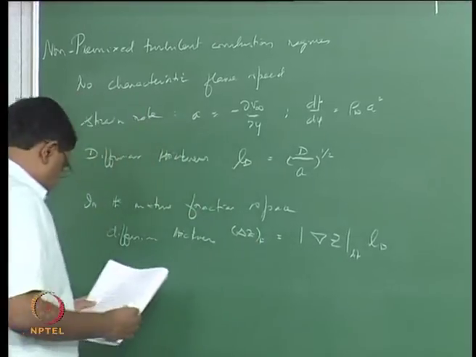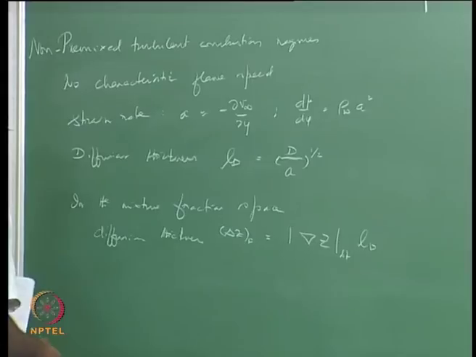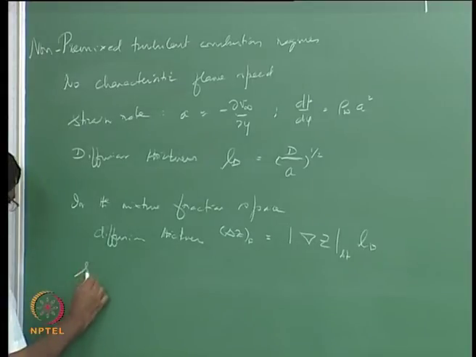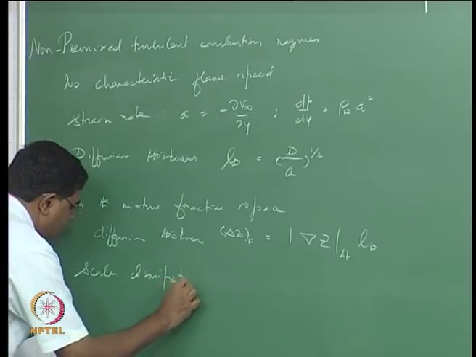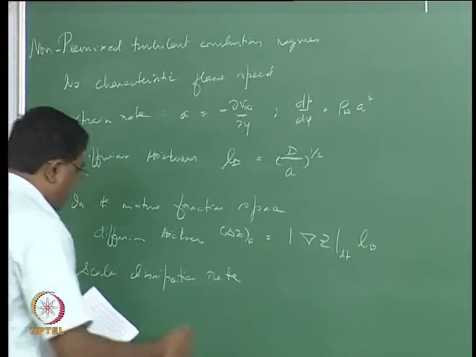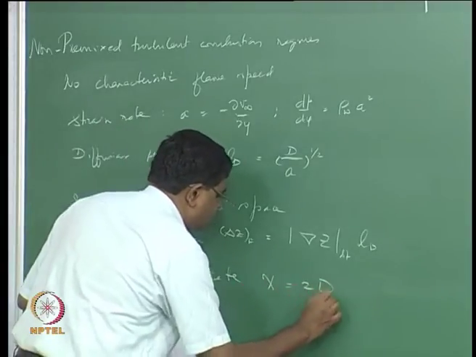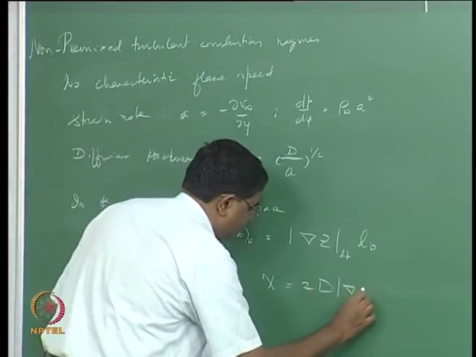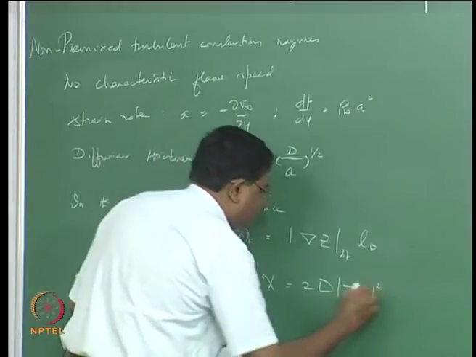times L_D. And we also had the scalar dissipation rate. So scalar dissipation rate χ, we did define this, and that is 2D |∇Z| squared.